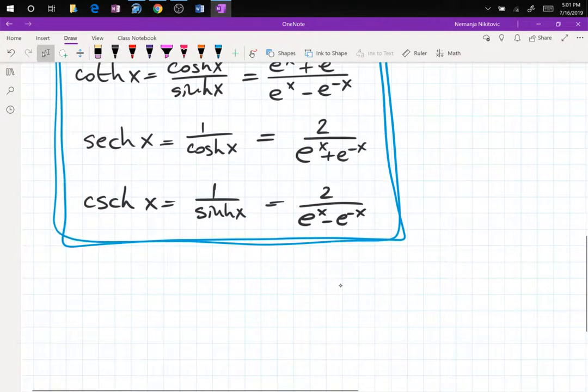All right, so now let's take a look at the six hyperbolic function graphs. I'm going to get the image for this.